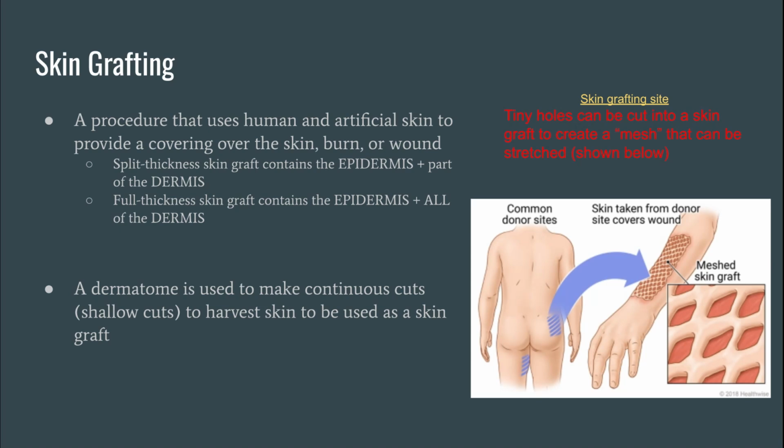A graft can be slashed to create a mesh look, which can be seen in the image on the right-hand side. This helps the graft stretch and become more flexible in order to cover a larger area. You can see in this image right here, they have created those slashings in order to stretch the piece further on the skin.